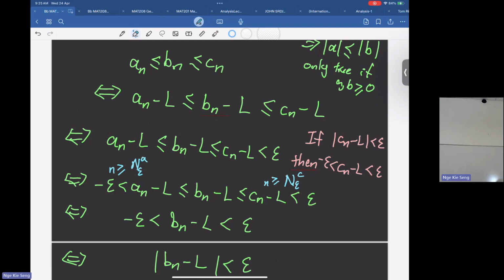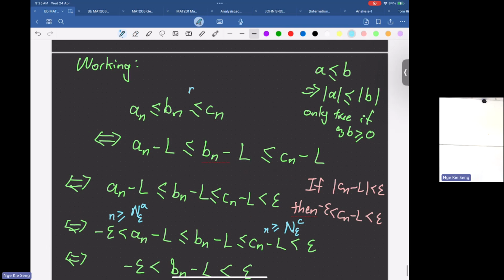Okay, are these the only N we need to consider or not? There's one more, right? Which one? Make sure that Bn is between A and C. Yes, so we have another one to make sure that this inequality is solved. So actually at the very first we have this Bn already.